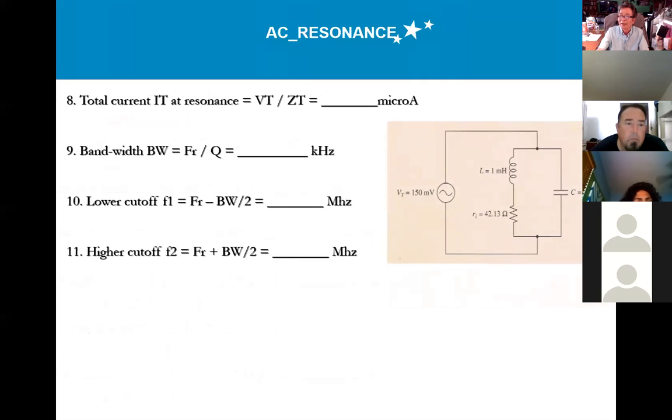Still more. Do it for me: 8, 9, 10, 11. Let's see. 0.158 microamp.